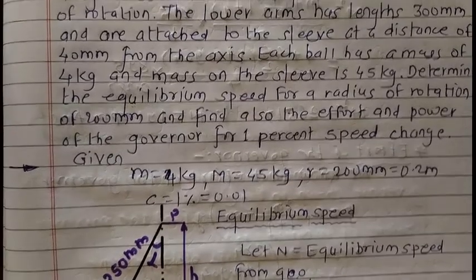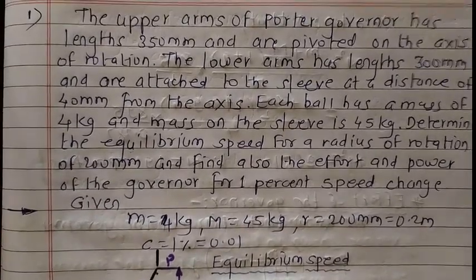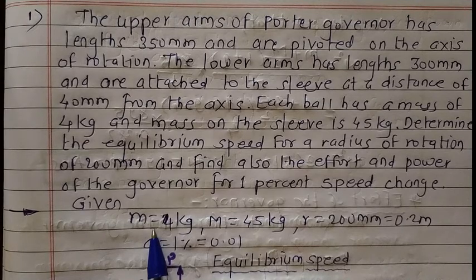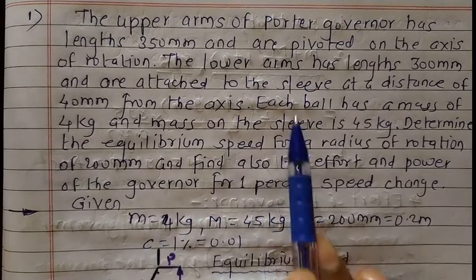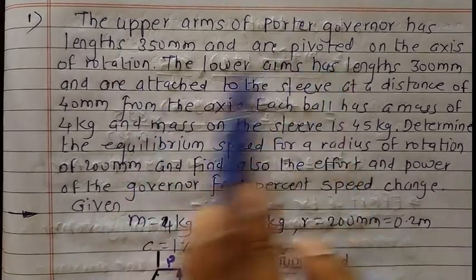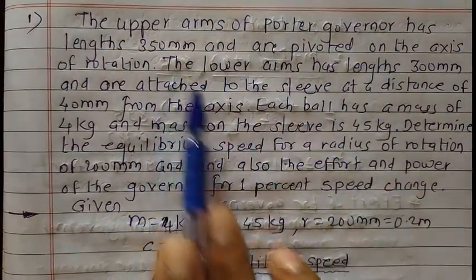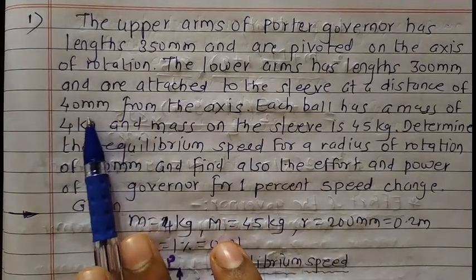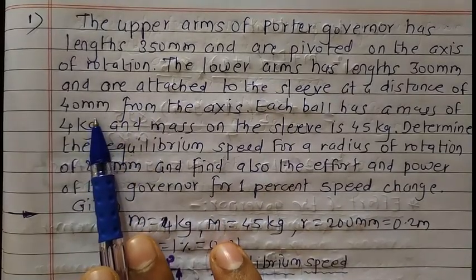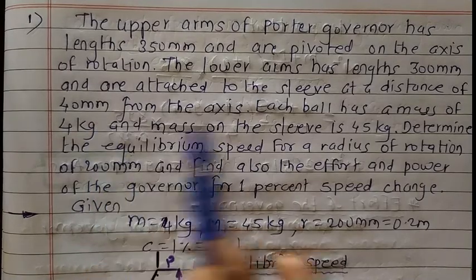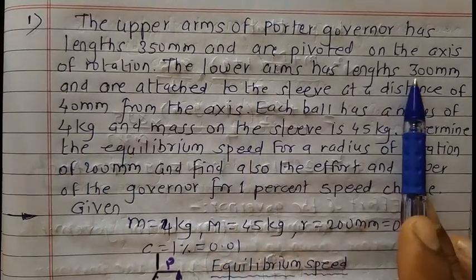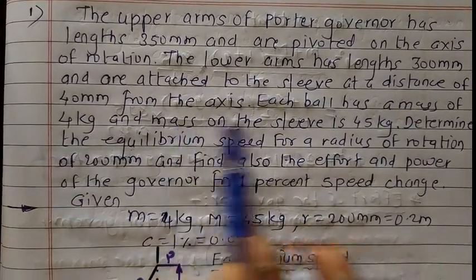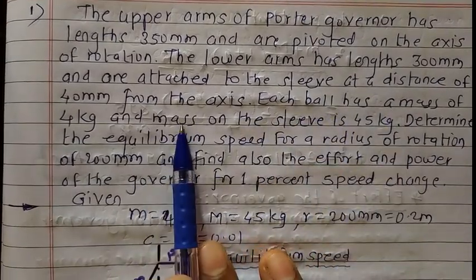So first of all, see what is the given data. The length of the upper arm is given, 350 mm. Then the distance between the sleeve and the axis, 40 mm, is given. Then the length of the lower arm, the mass of each ball, and the mass of the sleeve.